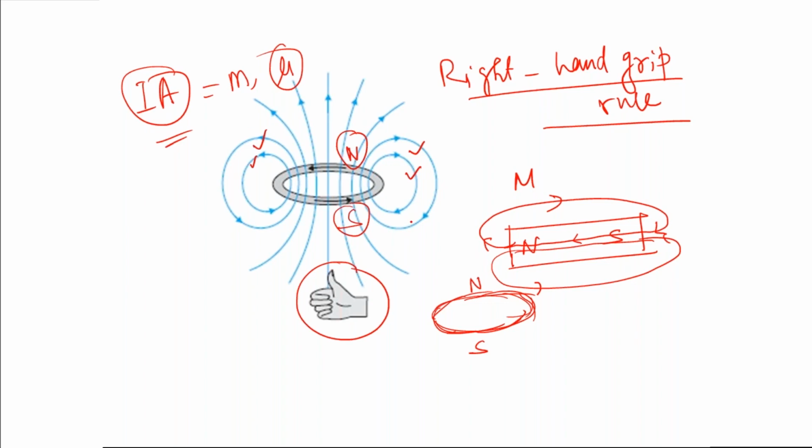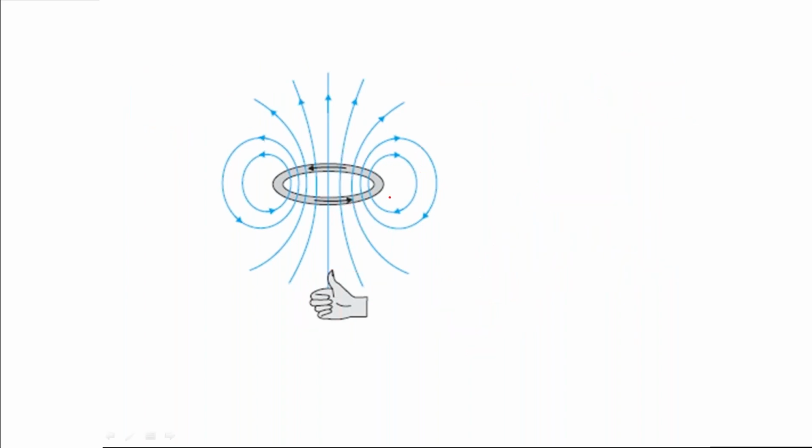So what I wanted to tell you here is how to find the direction of the magnetic field for a current carrying loop. You have to grip the loop with your right hand, with the four fingers of the right hand directing the tips along the direction of the current, and then your thumb will give the direction of the magnetic field lines.